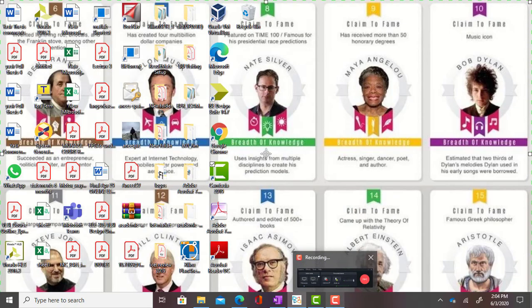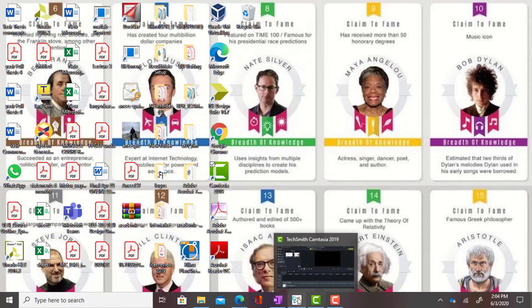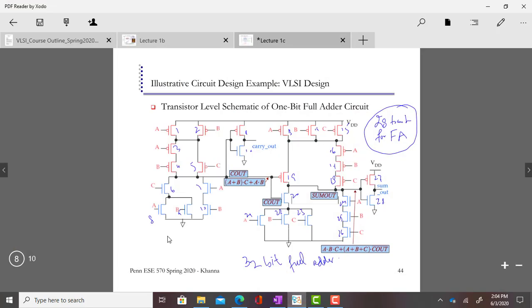Okay, so that is very complex. A 32-bit full adder is very complex, and it is impossible for a human to generate the transistor-level circuit of a 32-bit full adder.